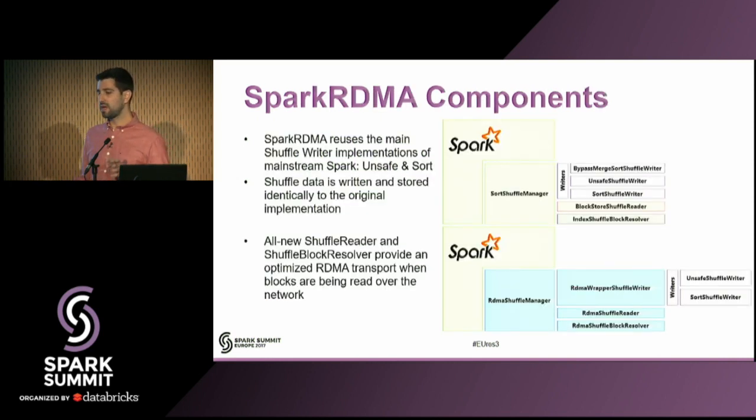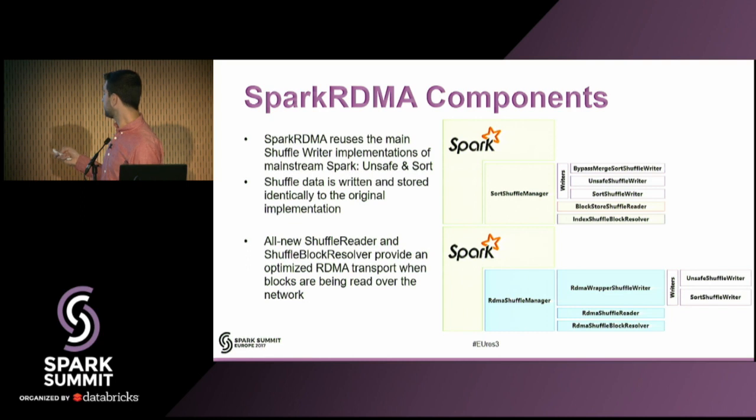If we examine the SparkRDMA components compared to how Spark is built today, the default shuffle manager is the sort shuffle manager, which wraps the writers: the bypass, unsafe, and sort shuffle writers. What we did in SparkRDMA is reuse the unsafe and sort writers, and we didn't reuse the bypass since we found that it doesn't perform that well, and we already see a lot of discussion that it's going to be deprecated anyway.